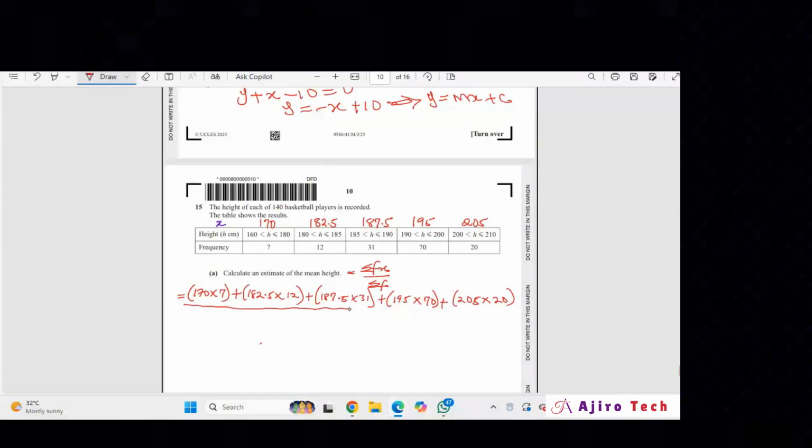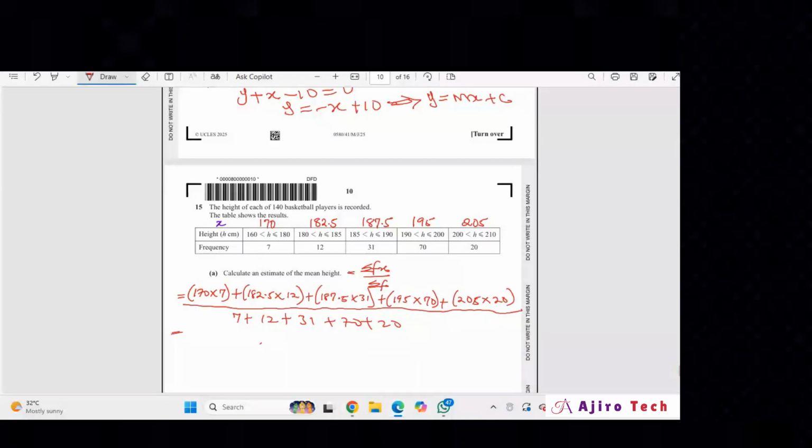Divide it by summation of f. Summation of f is just the addition of that, which is 7 plus 12 plus 31 plus 70 plus 20.